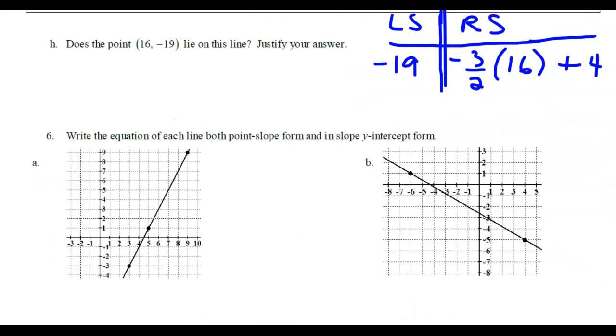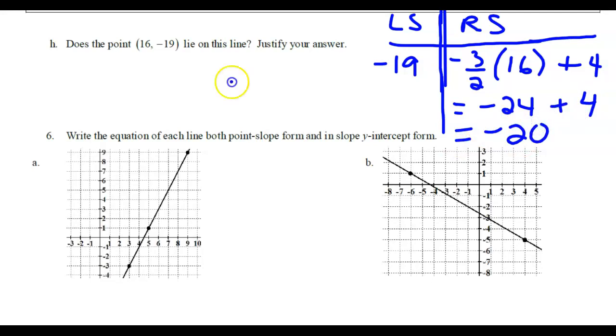Oops, I just... Okay, so negative 19, there's nothing to do to that. Negative 3 over 2 times 16 is, 2 goes into 16, 8 times 3 is 24, so negative 24 plus 4 is negative 20. It's close to being the same, but it's not.